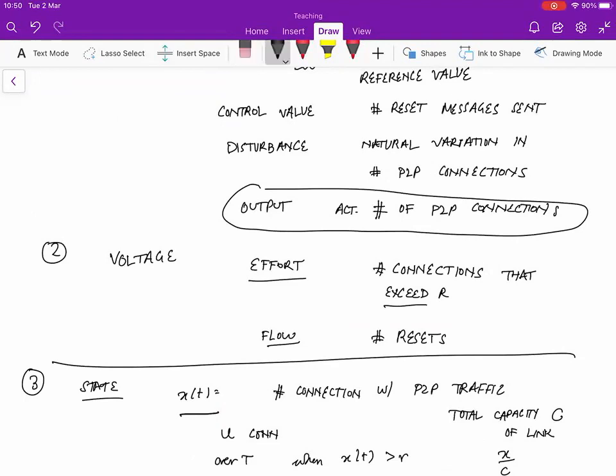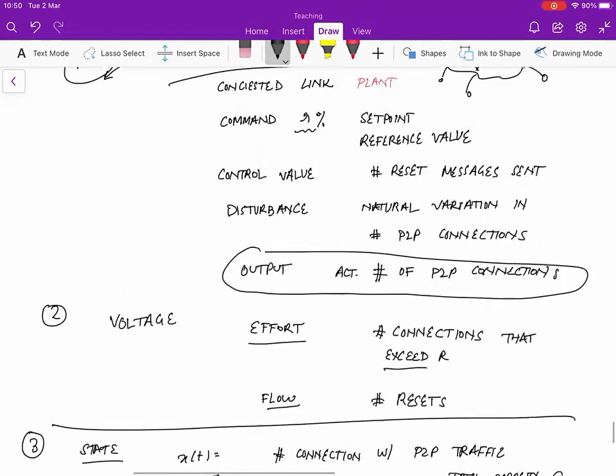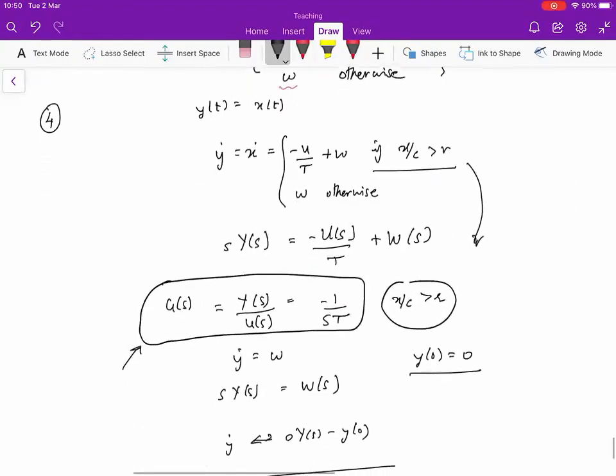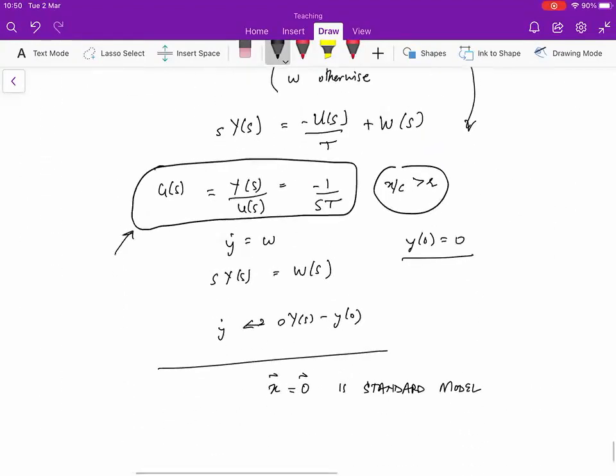I should just do everything in actual values. Right, but R is a percent. Yes, the command would be R percent, and we'd convert it by multiplying with the capacity to give us the number. Or we can use R over C. These are all constant factors, so it's not a big deal to put them in.